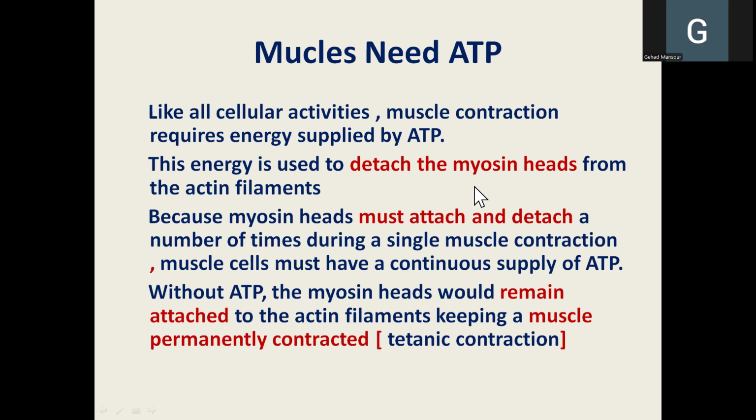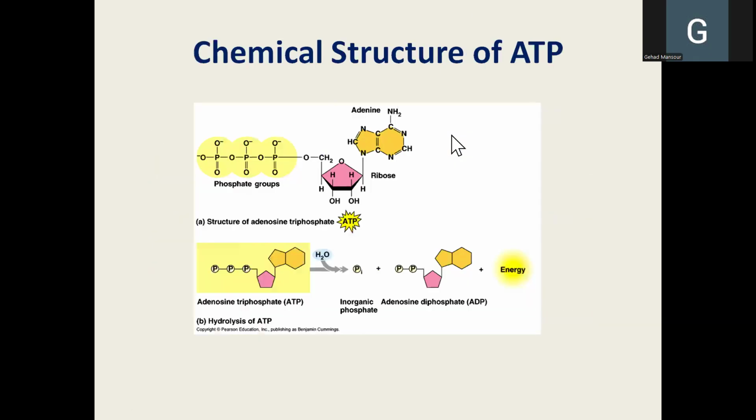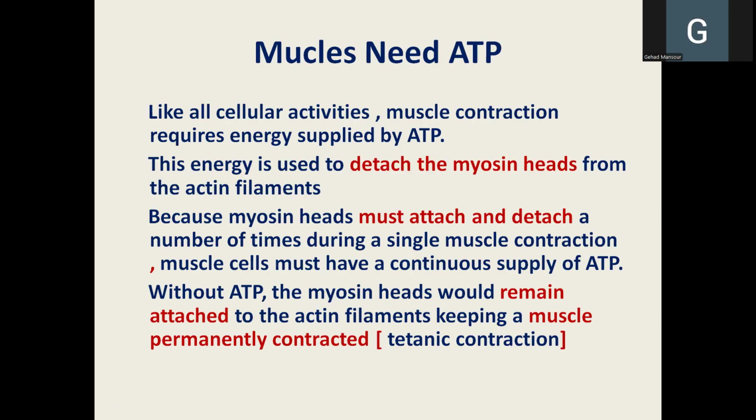But fatigue is not only due to depletion of ATP and failure of actin to slide over myosin, but it's also because of something else, which is the production of lactic acid.